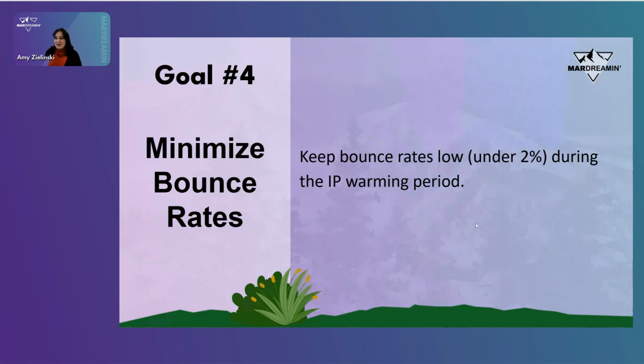Goal number 4 is to minimize the bounce rate. So we want to keep our bounce rates low, under 2% during the IP warming period. Now, this does not include hard or soft bounces. So there's generally technically 5 types of bounces that you should be looking for. The first is hard bounces. These are things like the email address is invalid.